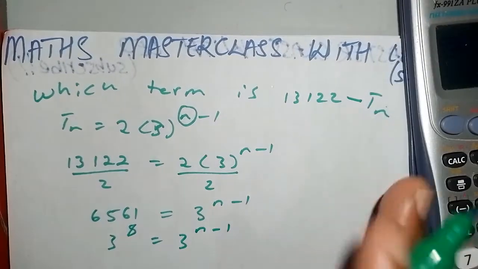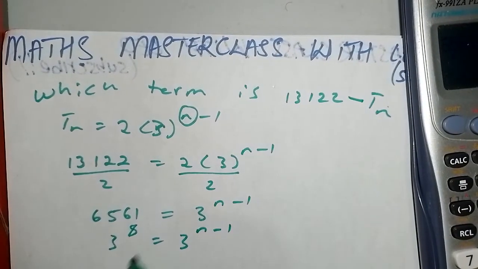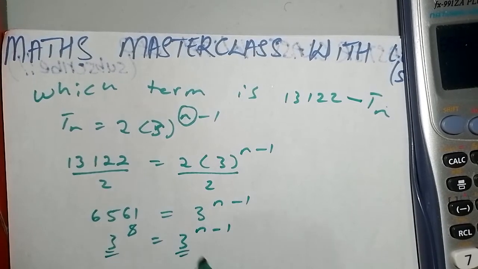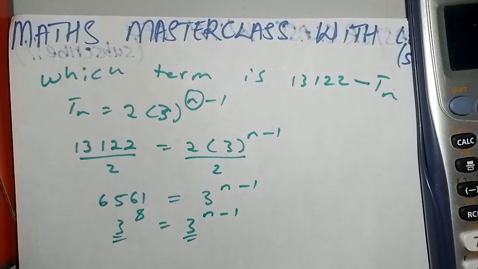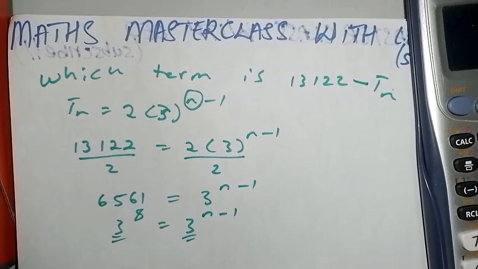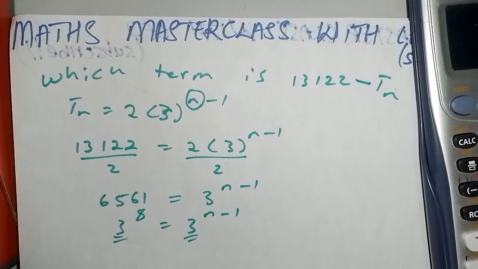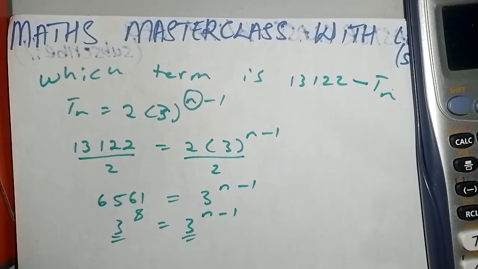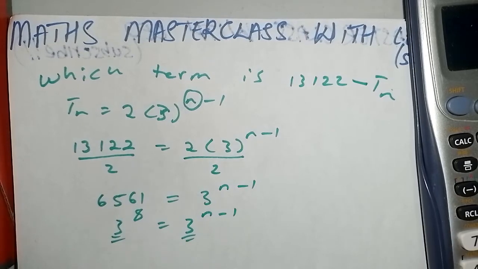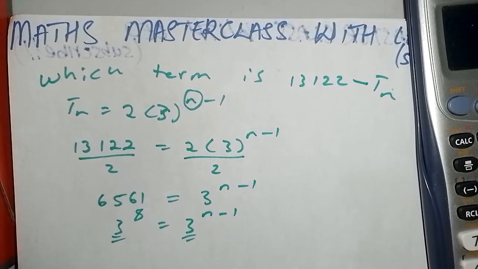Simple mathematics. Remember, I said if you understand the laws of exponents, it's easy for you to understand geometrics, right? So if you forgot this, just go back and watch my first video. It was based on algebra. We were doing laws of exponents.